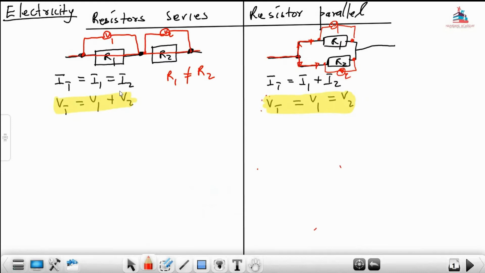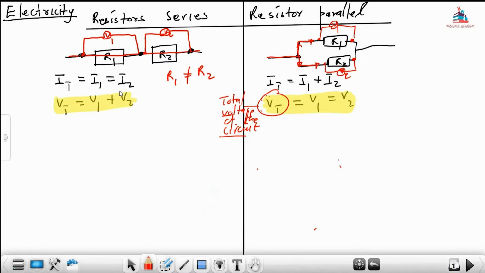V total is actually the total voltage of the circuit. So in grade 11, the focus is only on the external voltage. Once we introduce the concept of grade 12, then we look into the internal voltage, or most people call it lost volts. That is when we introduce the concept of internal resistance.